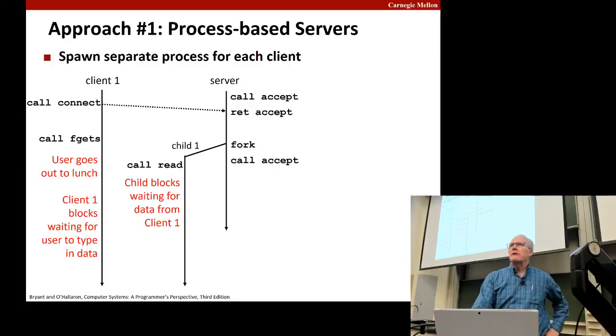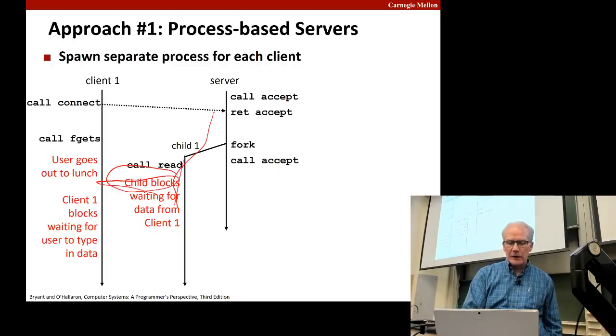So the simplest then is this process one, that basically the server, when it gets a connection request, will accept that connection, but rather than handling the echoing itself, it will fork off a child that then manages that particular connection. And the echoing will go back and forth this way.